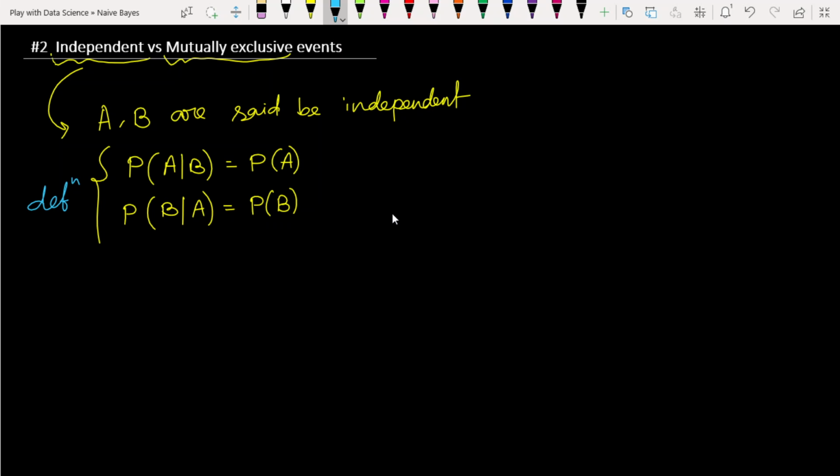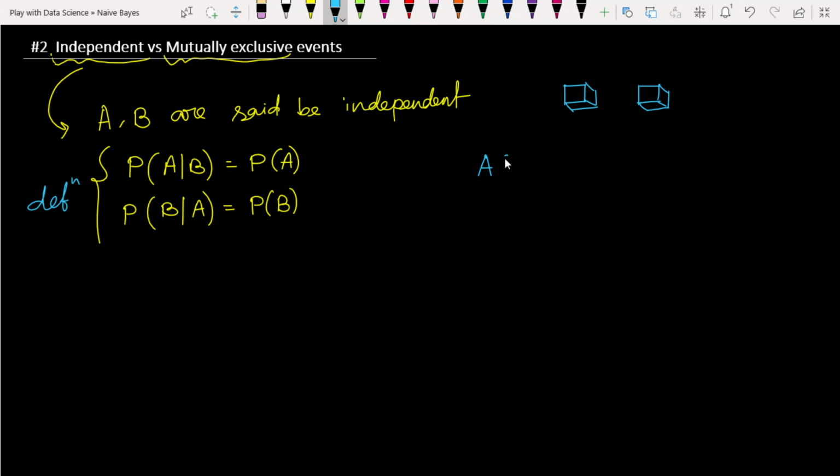Now let's take an example. Suppose we have two dice, our first die and our second die, and we define the events.